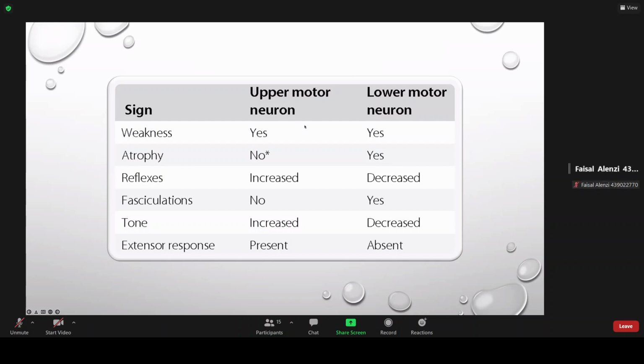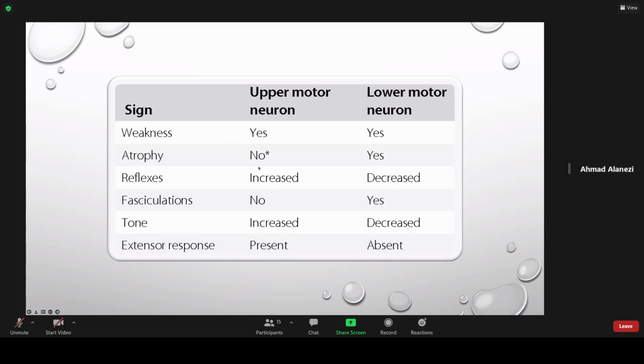Lower. Excellent, Faisal. Lower is really profound weakness. Here you might find a patient with appropriate or slightly decreased power, but the power in lower motor neuron is very profound weakness. You see weakness and atrophy mainly with lower. We don't see atrophy in many conditions related to upper motor neuron disease.